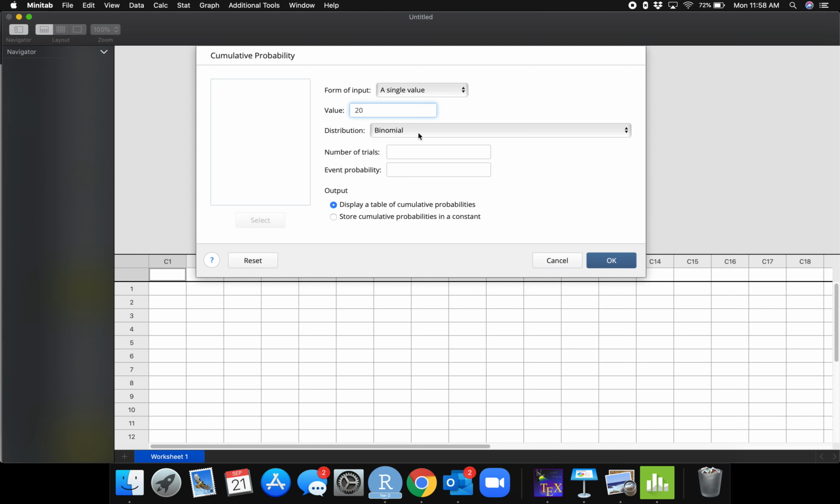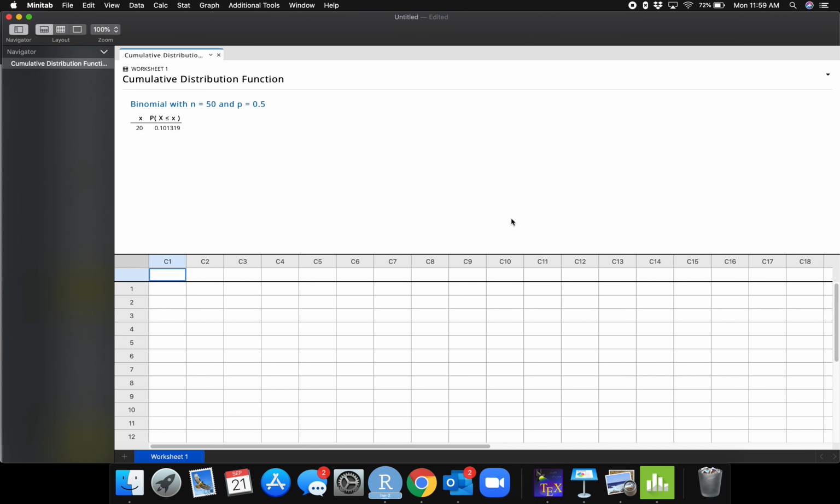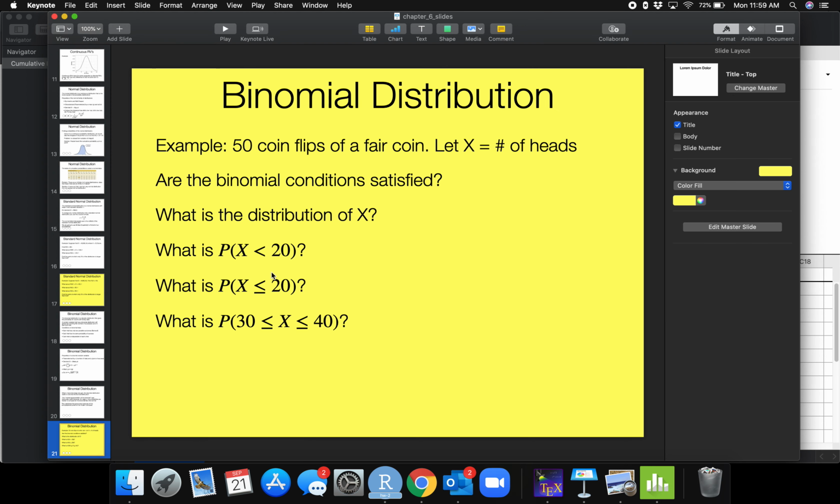The binomial number of trials is 50. The probability of the event happening, if it's a fair coin, is 0.5. So that answers some of the first couple questions. If I click OK, it says for 20, the probability that x is less than or equal to 20 is 0.101. So that actually answered the second question, less than or equal to.